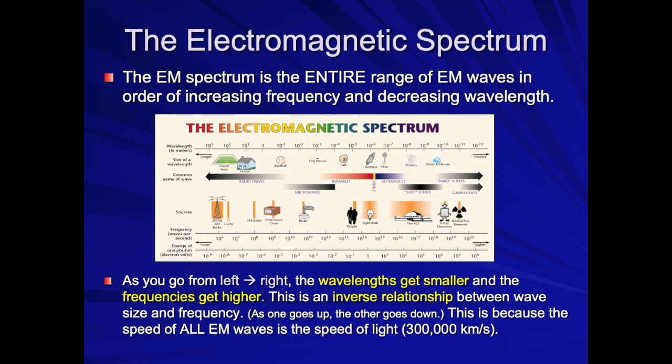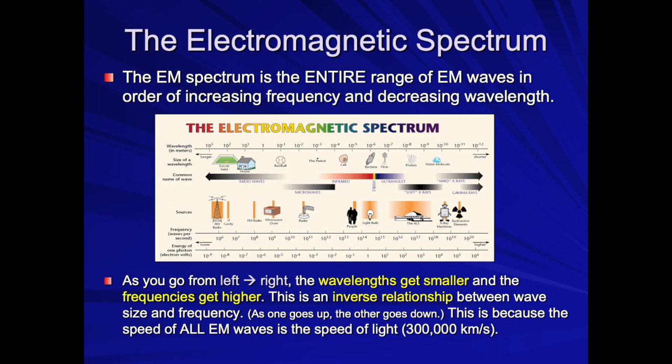As you can see here on the left, the wavelengths can span from the length of a soccer field and a house to the length of a baseball to this tiny little period to the size of a cell. And they continue to get smaller and smaller and smaller all the way to the right.